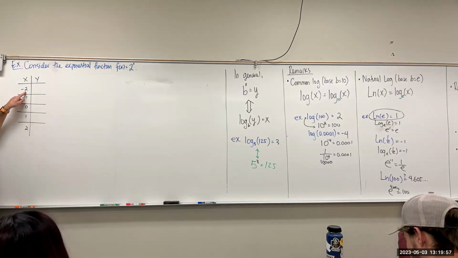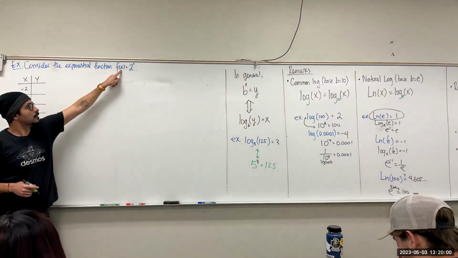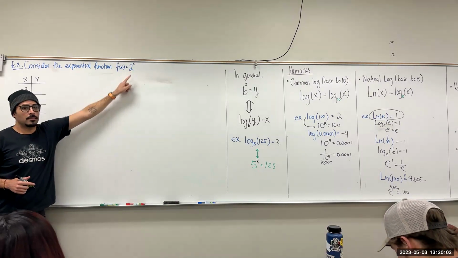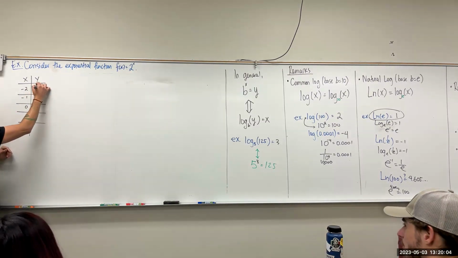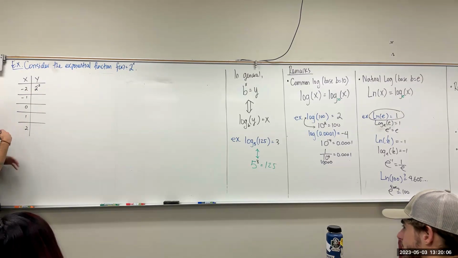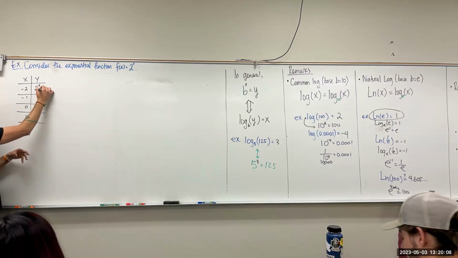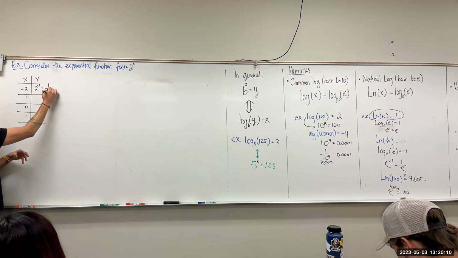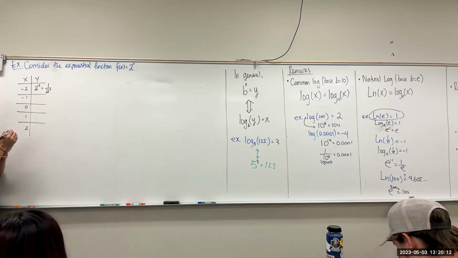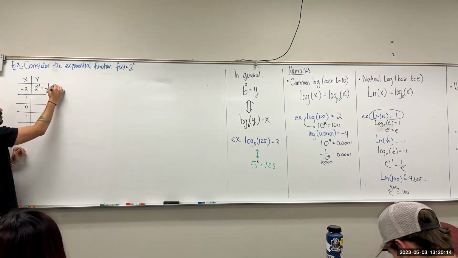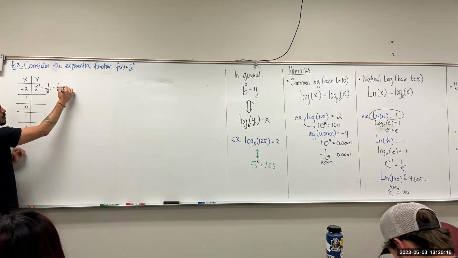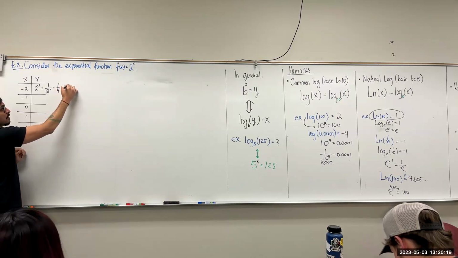When we plug in -2 for x, what does this become? 2 to the power of -2 is 1 over 2 to the positive 2, which is 1 over 4, which as a decimal is 0.25.